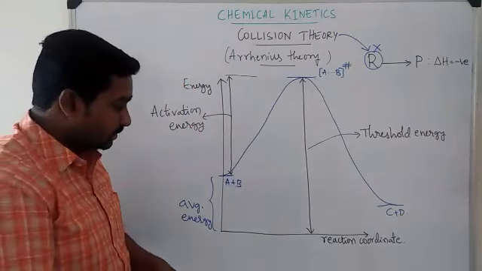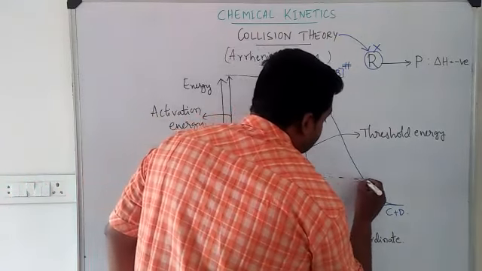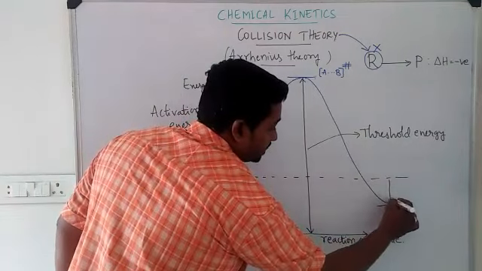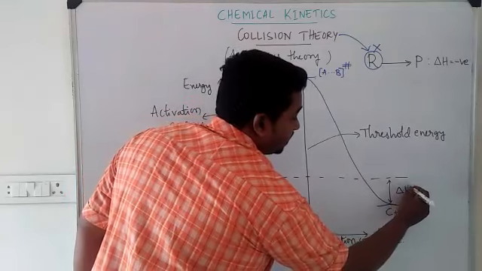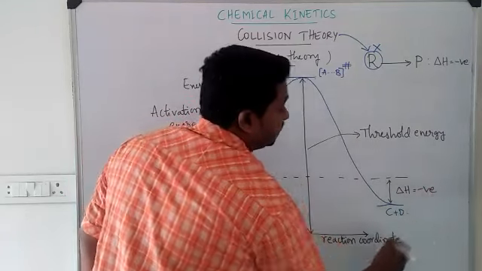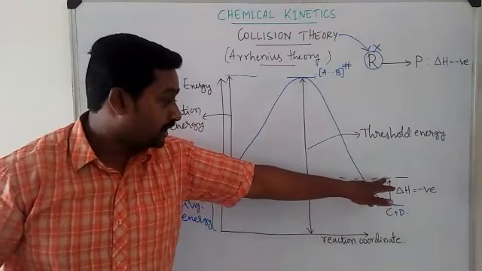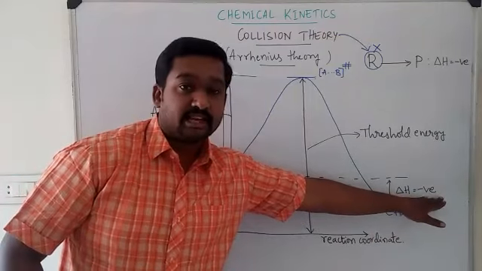There is one last concept I want to mention, and that is the difference between energies of reactants and products. This difference in energies of reactants and products is change in enthalpy, which we have seen negative in our reaction. There is a decrease in the energy from reactants to products, so that decrease is released, therefore delta H is negative.